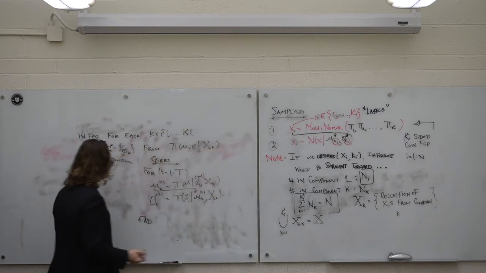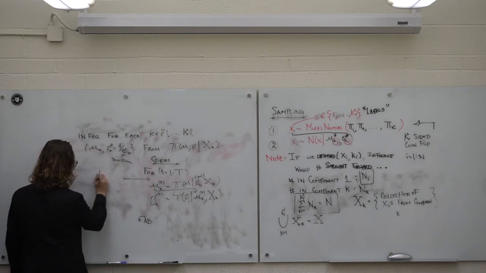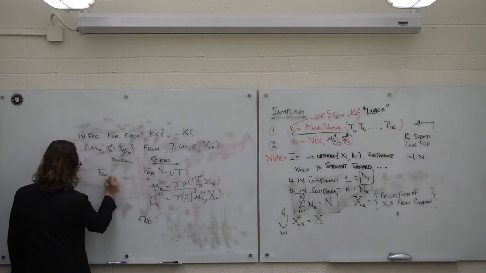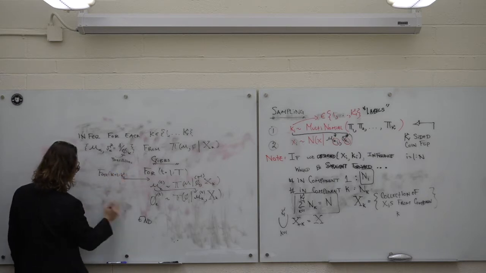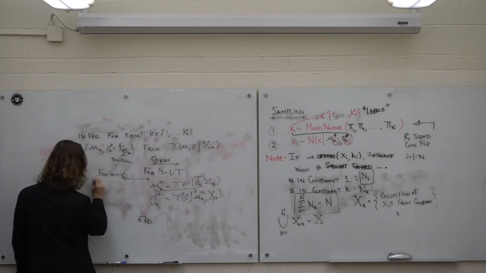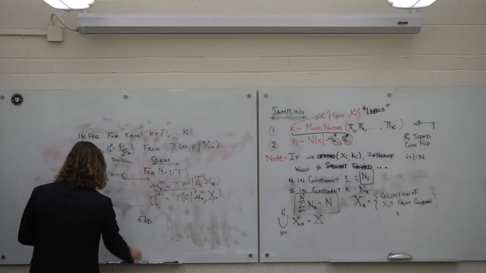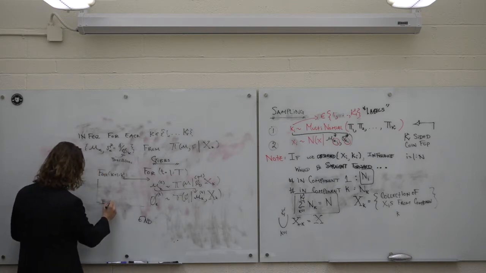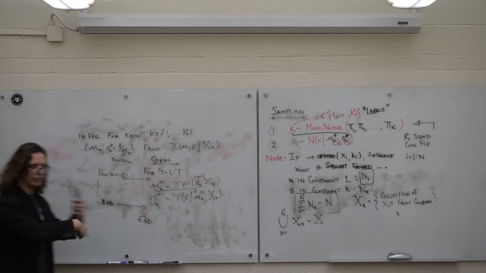And I would do this for each k. So what I insert right here is a for loop. For k goes from 1 to cap K. And I would end that for loop here. So I just do that for each k.